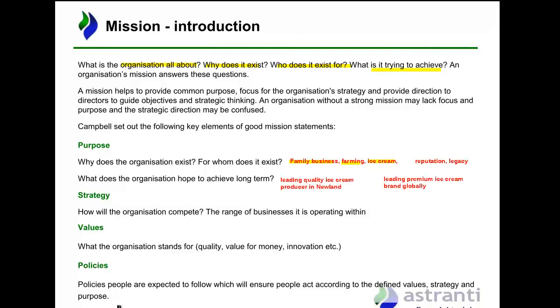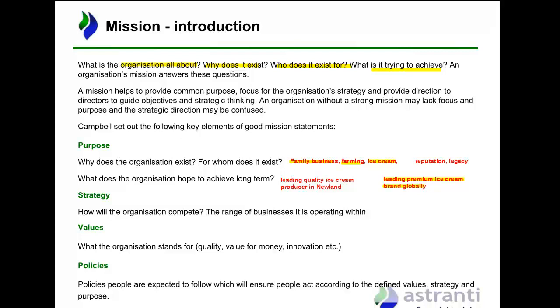And perhaps if they're particularly ambitious, we might say their goal is to become not only the leading premium ice cream brand in Newland, but perhaps globally they may want to expand internationally and become a recognised brand across the world. So there we get a bit of an insight to their purpose.